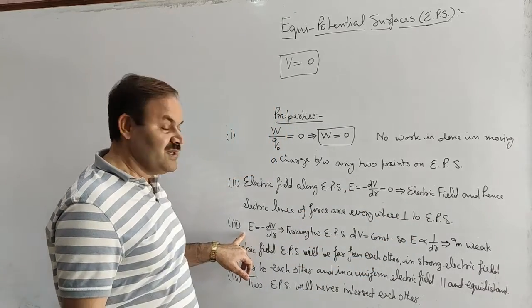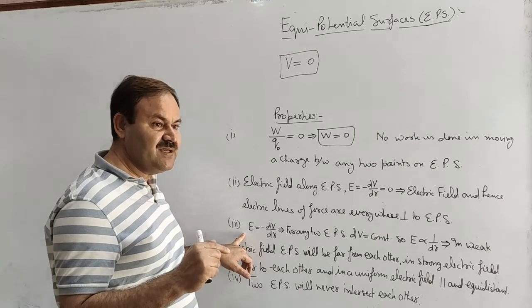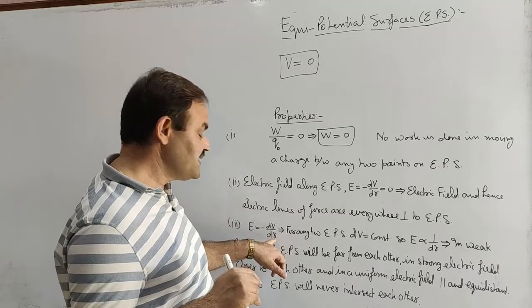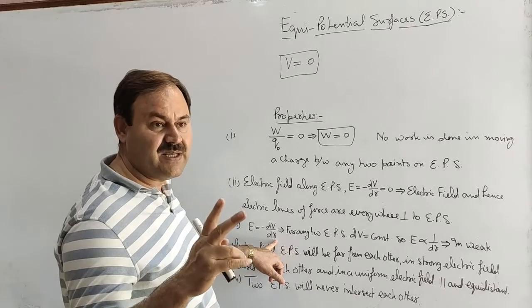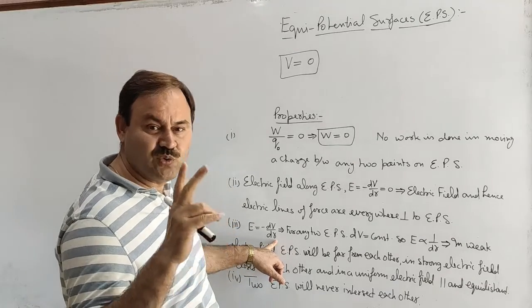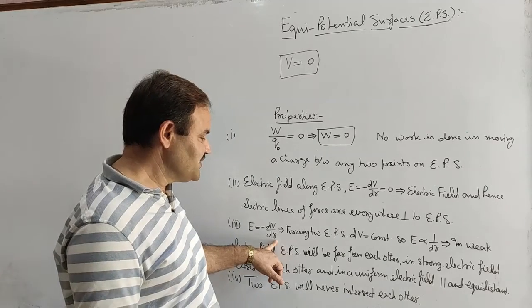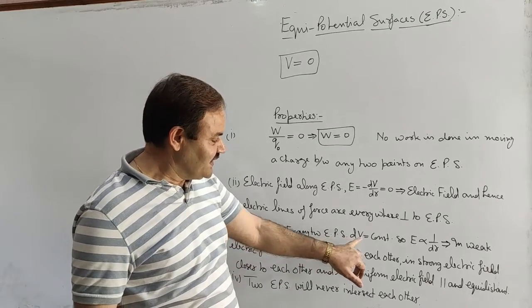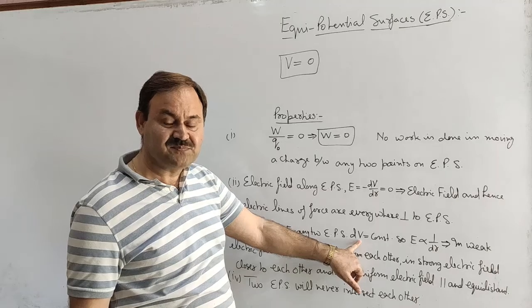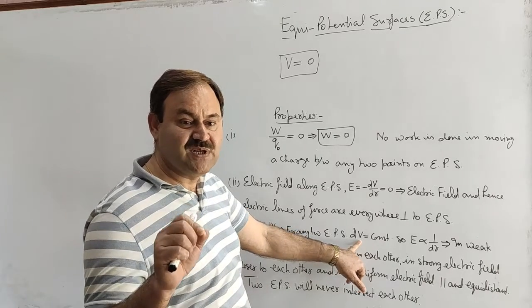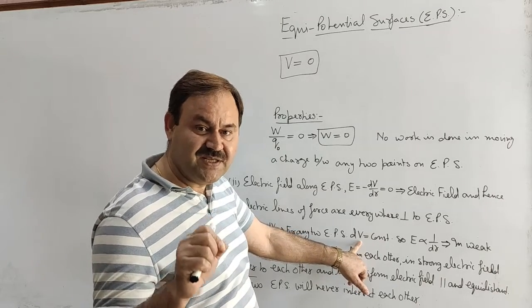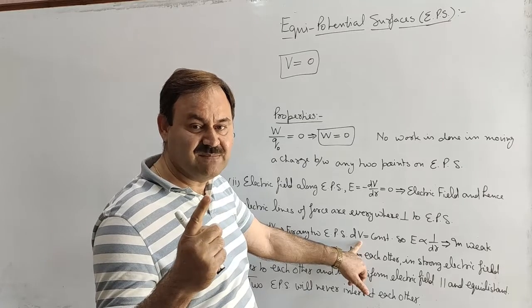Now third, electric field E is equal to minus dV by dr, and if we are having two equipotential surfaces, then for those two equipotential surfaces potential difference dV will be constant, because potential at each equipotential surface is same.